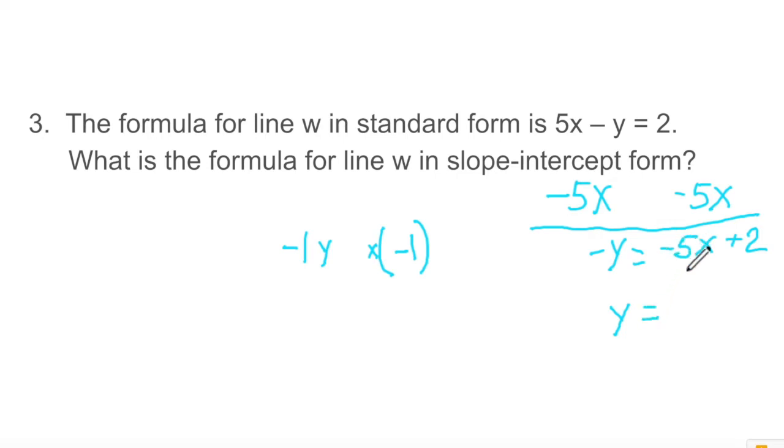And then we multiply negative 5 by a negative 1, we get a positive 5. In other words, we're really just changing the sign of each term in the equation when we multiply by negative 1. And when we multiply a 2 by negative 1, we get a negative 2. So that's our slope-intercept form. They ask us to find the slope-intercept form. This is it. So we're done.